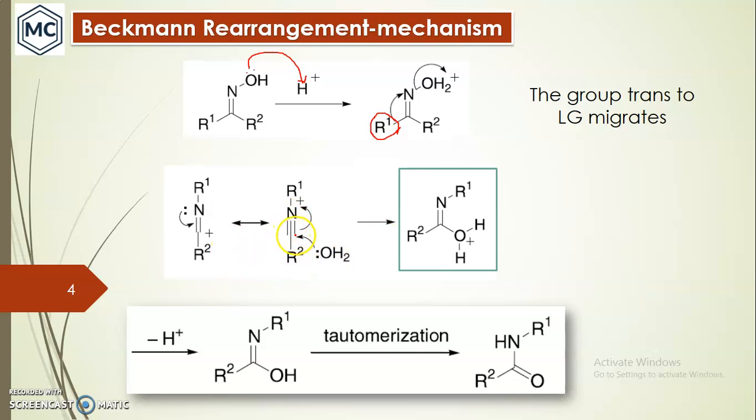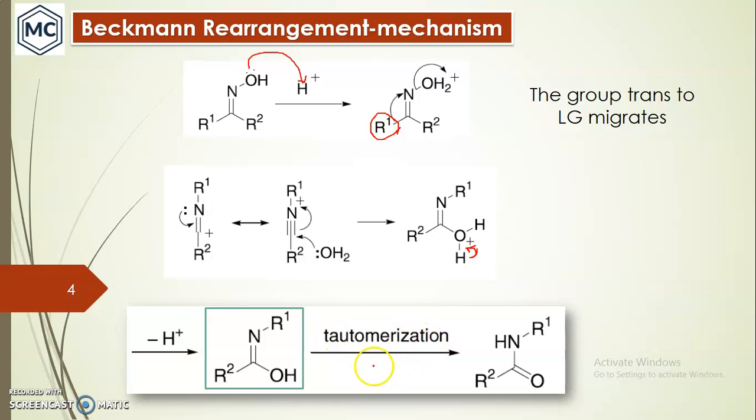R2C double bond N R1 is here, and the water attacks this carbon atom and will form a bond, and this is a hydronium, and from here a proton will leave, minus H plus, and form a compound like this.